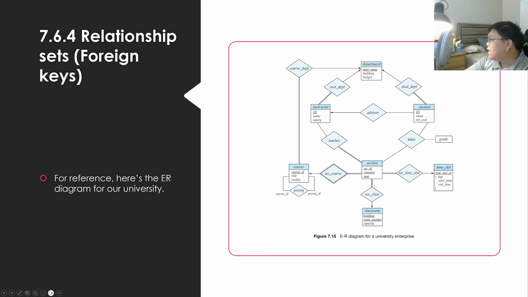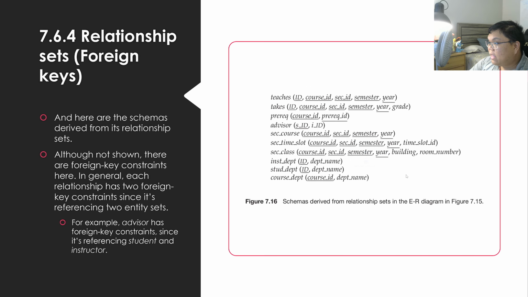So for events, here is our entire ER diagram. And this is all the schemas for all of our relationship sets. Foreign key constraints aren't shown here, but in general, wherever we have a relationship set schema, the entity sets being referenced, those are your foreign key constraints.